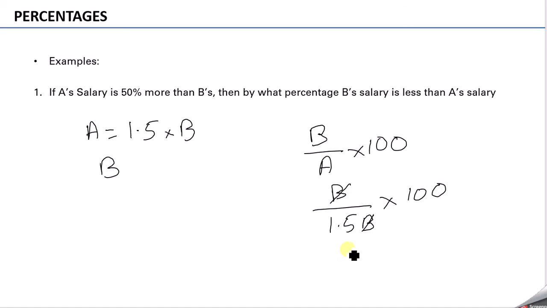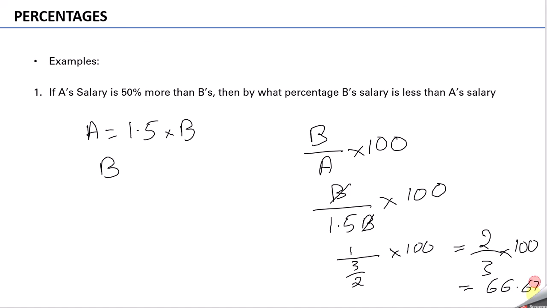So 1 by 3 by 2 into 100, which is, when 2 comes to the numerator, 1 by 3 is 33% into 2, 66.67%. I'll just write it here for the final answer, 66.67%. So B's salary is 66.67% less than A's salary.